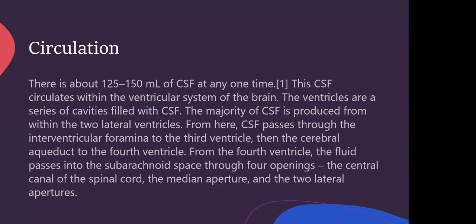From here, CSF passes through the interventricular foramina to the third ventricle, then through the cerebral aqueduct to the fourth ventricle. From the fourth ventricle, the fluid passes into the subarachnoid space through the four openings: the central canal of the spinal cord, the median aperture, and the two lateral apertures.